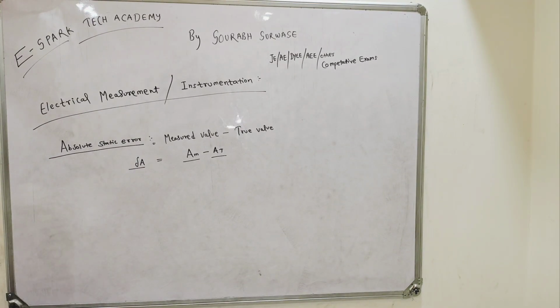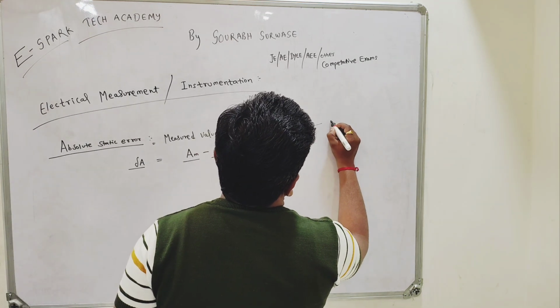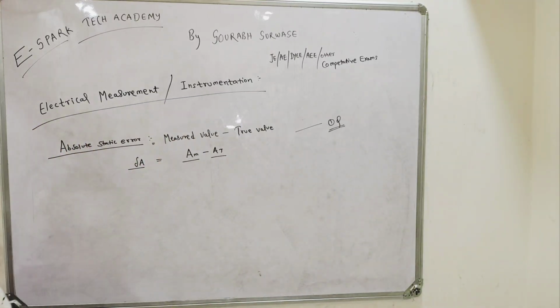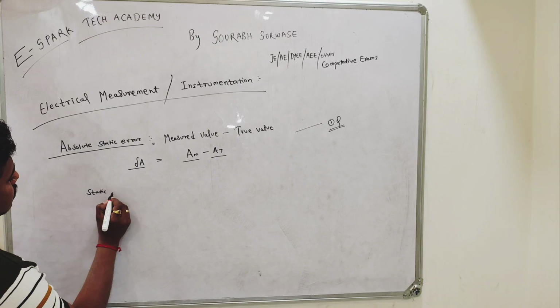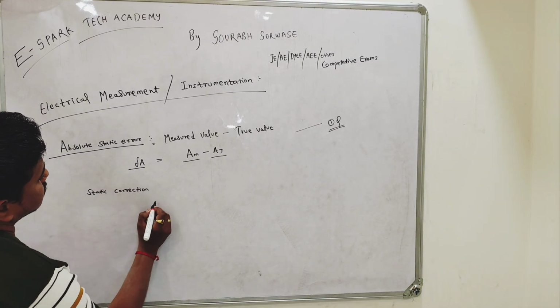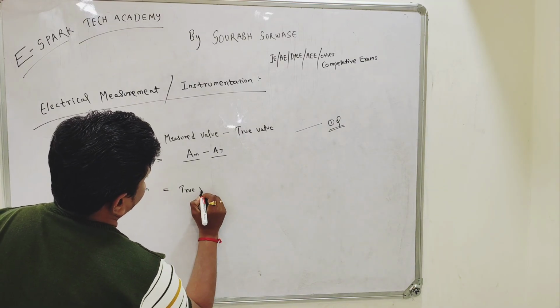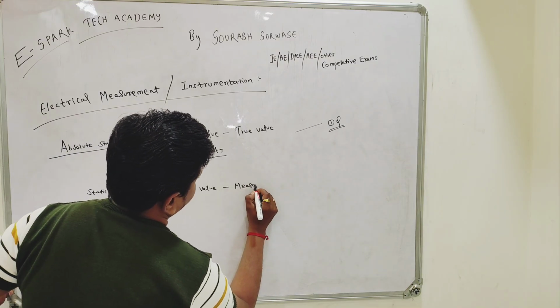Now one more important thing is that you will come across static correction. This is one question definitely asked in your exam. What is static correction? Static correction is nothing but true value minus measured value.